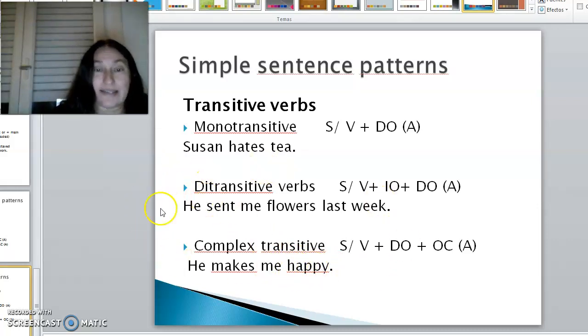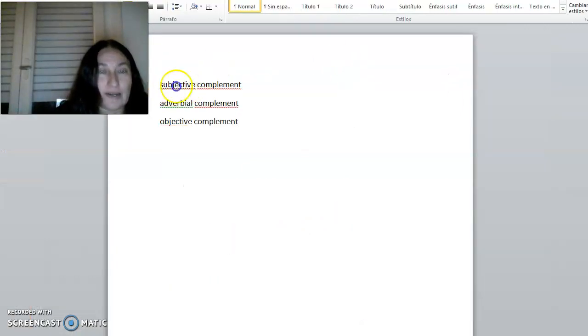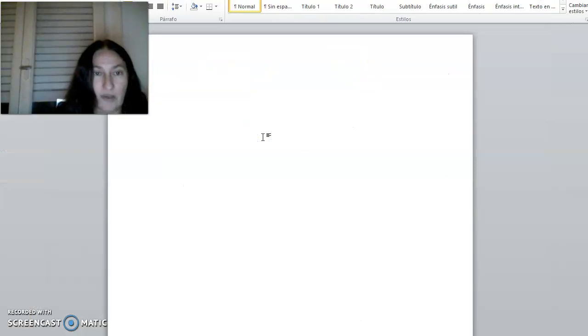Well, sometimes these may be problematic for students because you see two units after the verb. But when you look at the kind of relationships established, you'll see that they are really different. Let's move to the blackboard, and I want to use the verb make to see how this works.